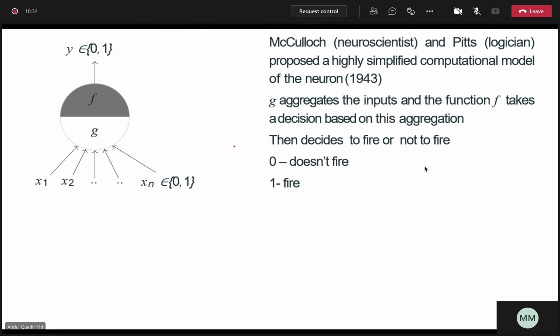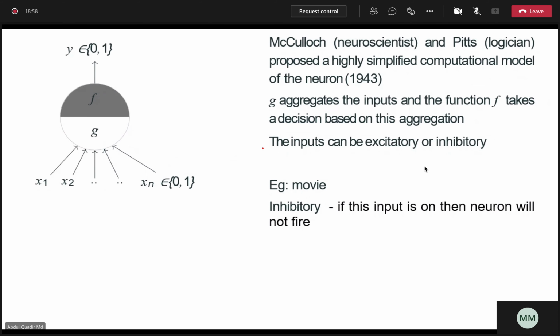If the aggregated value is zero, I will not do anything, I will continue to sleep, just to make you understand. If it is one, I will do some action. I will fire.